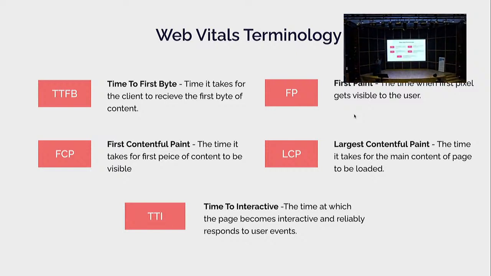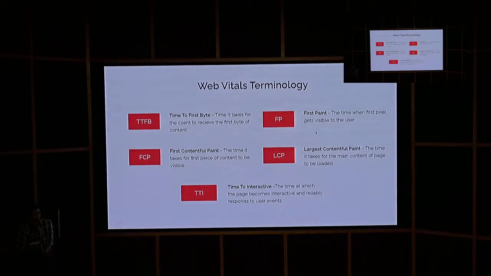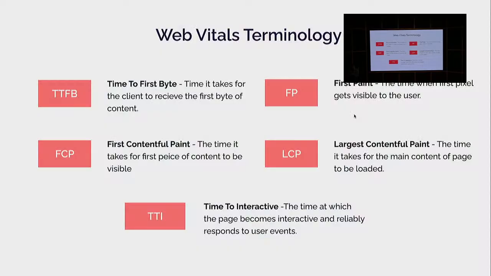Before we get started with the rendering patterns, let's first discuss some of the terminology that I'll be using throughout this talk. These are the web vitals that are used to measure the performance of a page. Firstly, we have time to first byte, which is the time it takes for the browser to receive the first byte.